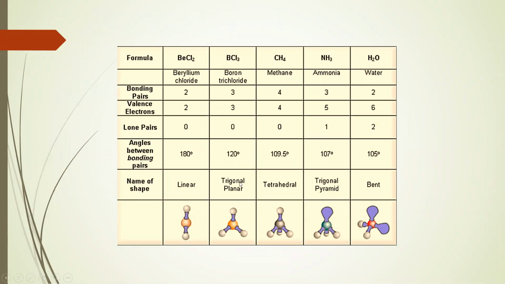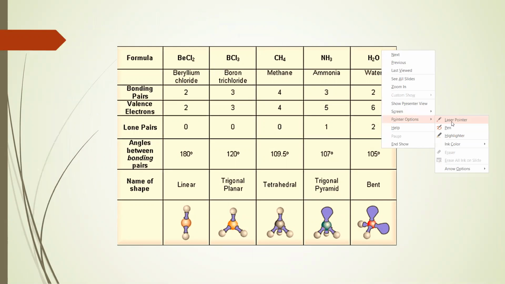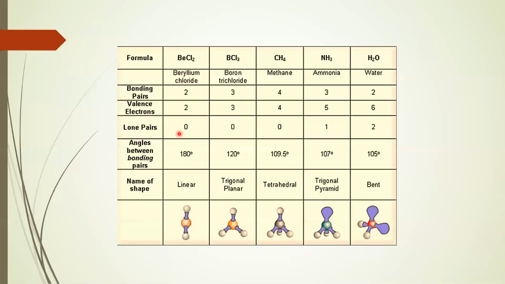Here comes how this table will give you more detail about the lone pair and bond pair. Bonding pairs means the electrons that are participating in bonding. Now here beryllium, how come the valence electron is 2? Beryllium's atomic number is 4, so it has electronic configuration 2, 2.